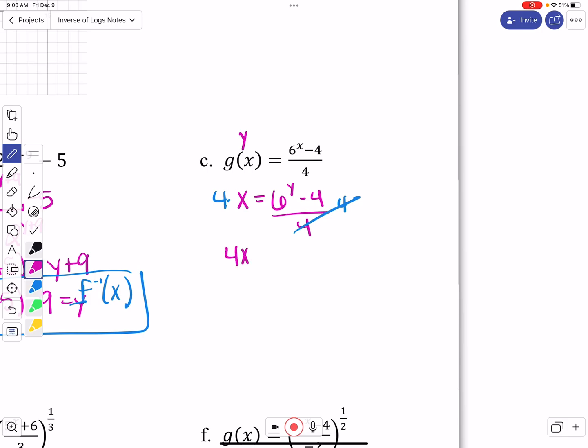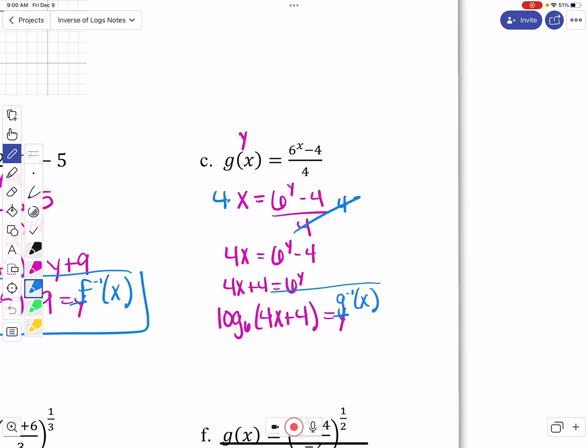So I have 4x equals 6 to the power of y minus 4, and I need to add the 4, so I have 4x plus 4 equals 6 to the power of y. Now I can take the log, so log base 6 of 4x plus 4 equals y. And again, we start off with g of x, so I should really put the inverse of g of x right there as my answer.